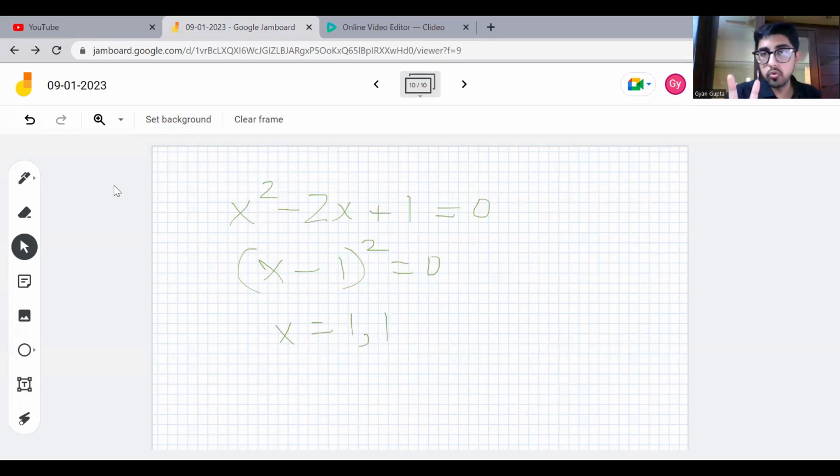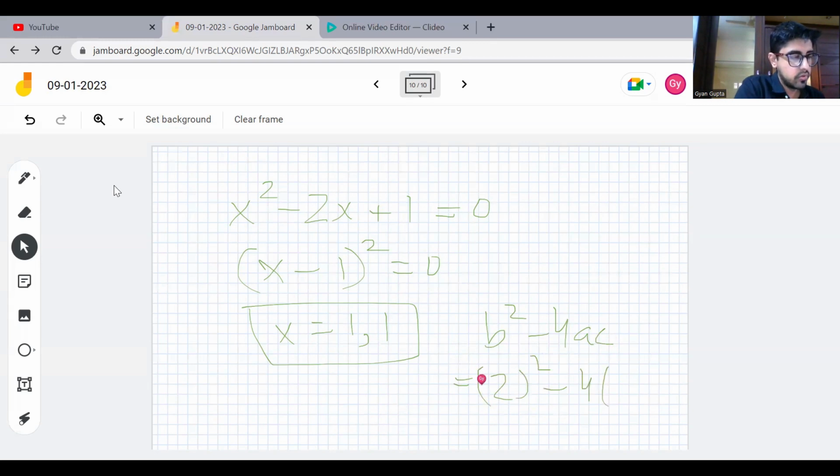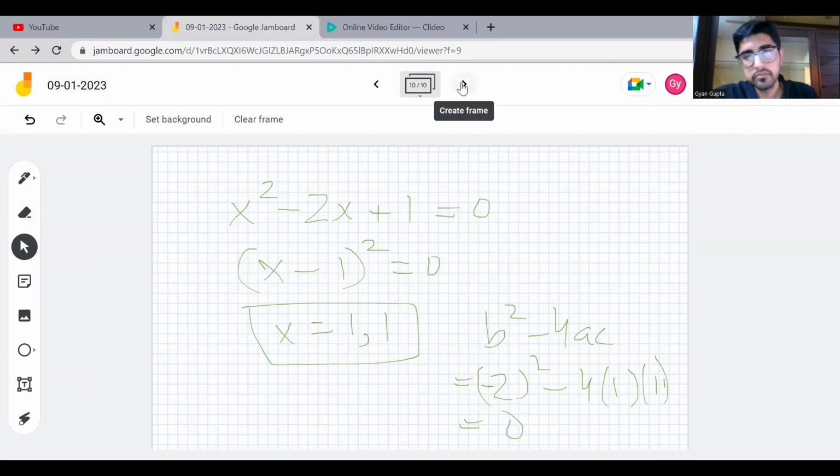We have two roots. Both of them are equal. Now let's look at the discriminant. b square minus 4ac will give me minus 2 square minus 4 into 1, which is 0. As we see, the discriminant is 0.